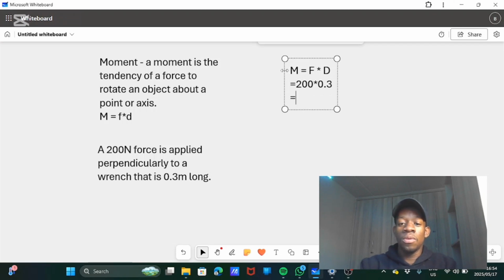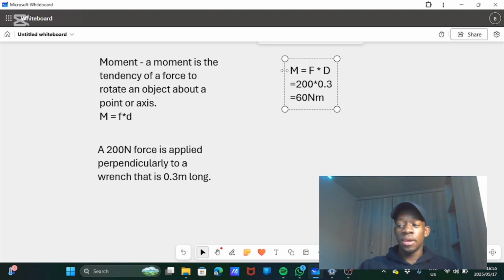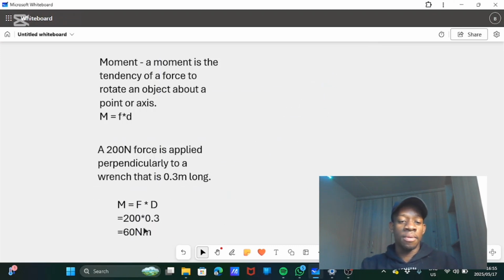That equals 60, and newton-meters is the unit for moment. Okay, see, it's easy to calculate moments, but let's look at another example.